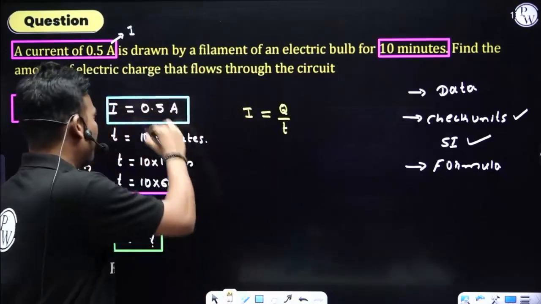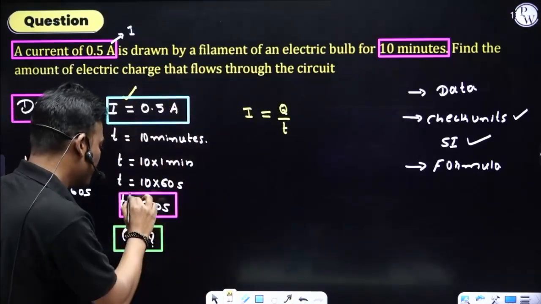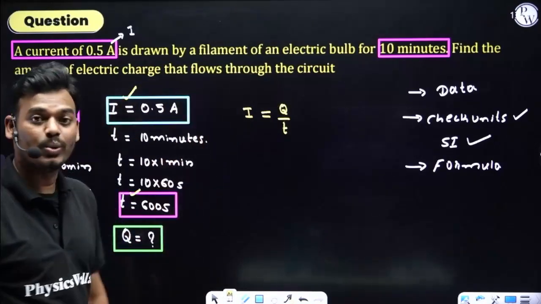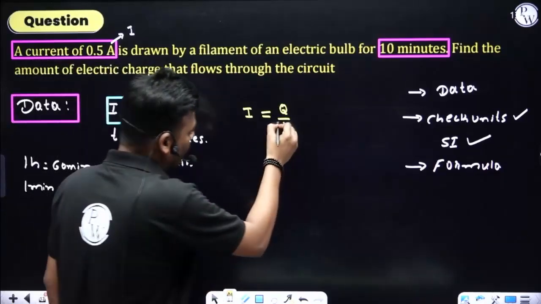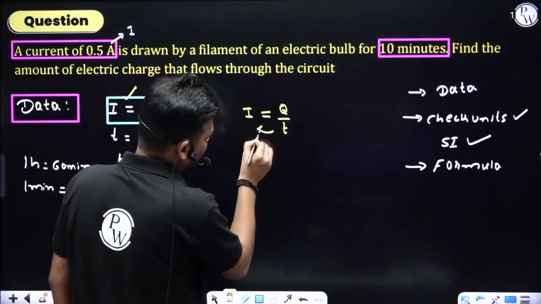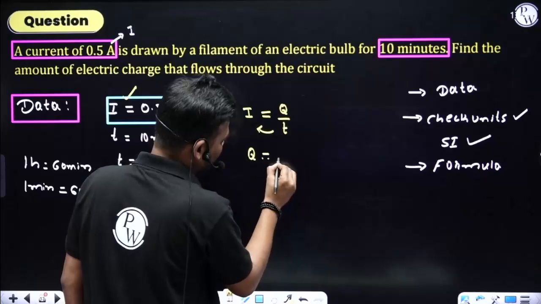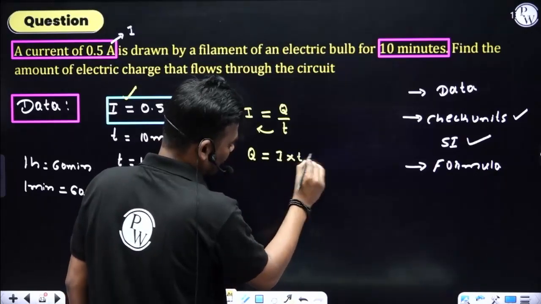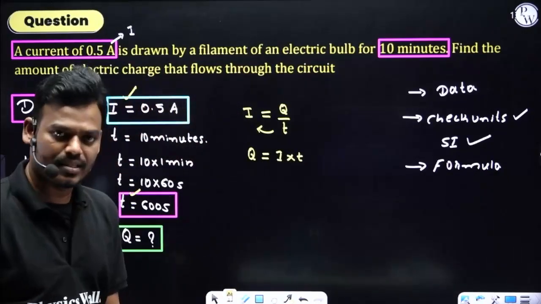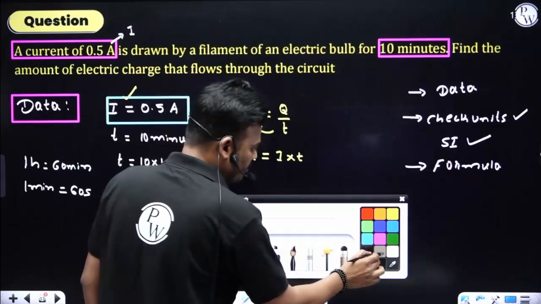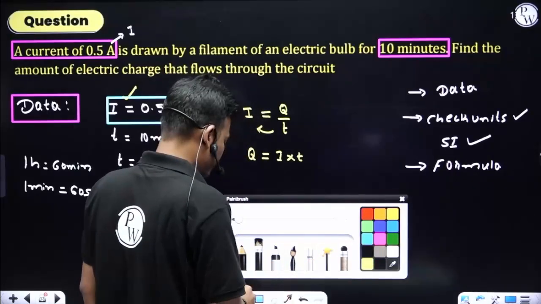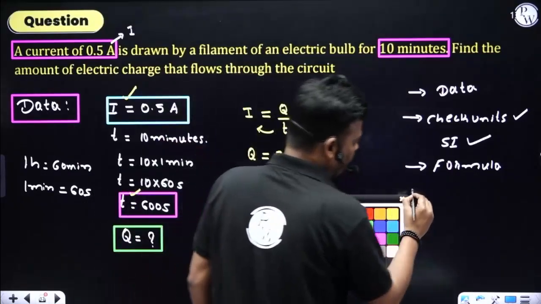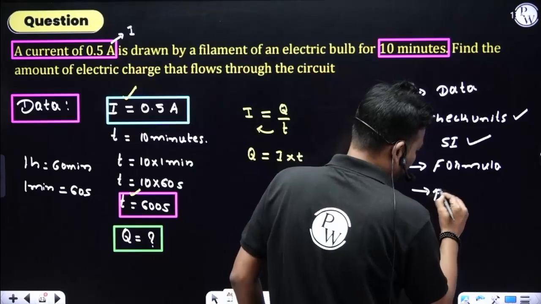We have the current and the time, therefore we can find Q, the total charge. Rearranging the equation by cross multiplying, Q equals I into t. Now, what is the next procedure? Next, put the values in the formula.